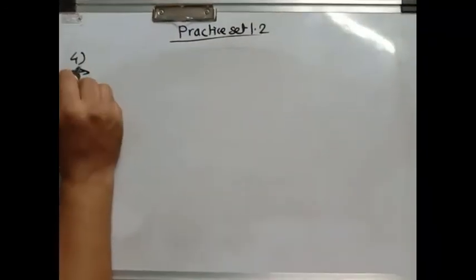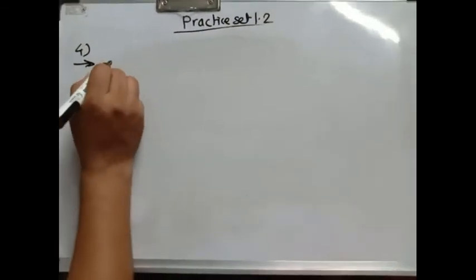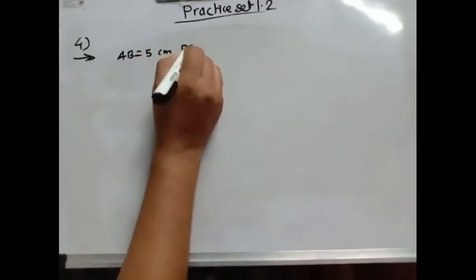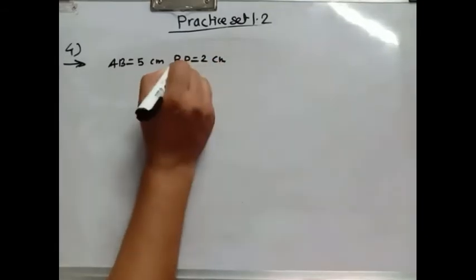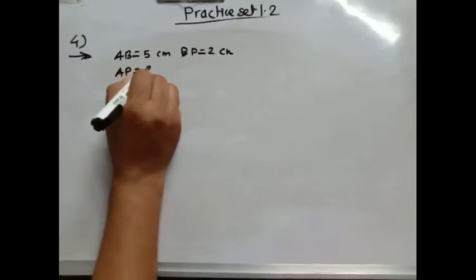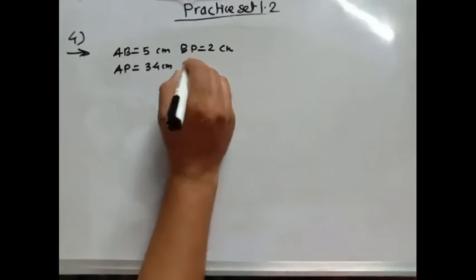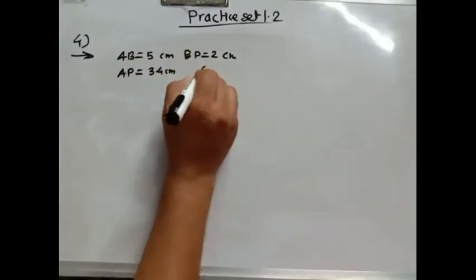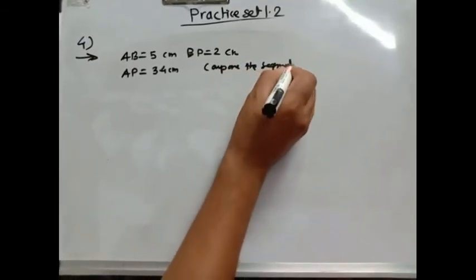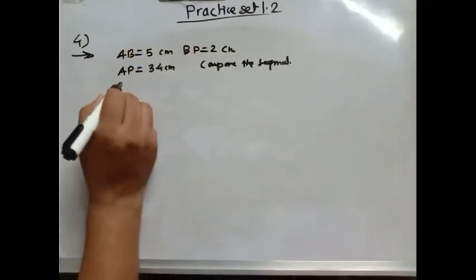In 1.4 we continue with question number 4. If AB is equal to 5 centimeters, BP is equal to 2 centimeters, and AP is equal to 3.4 centimeters, they want us to compare the segments. So how do we compare? This is given.